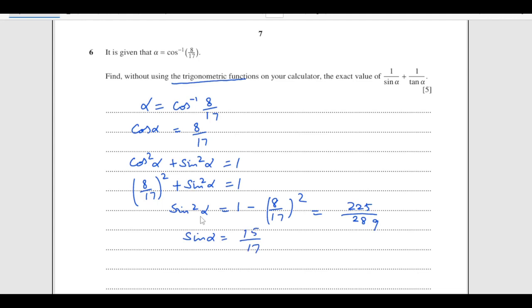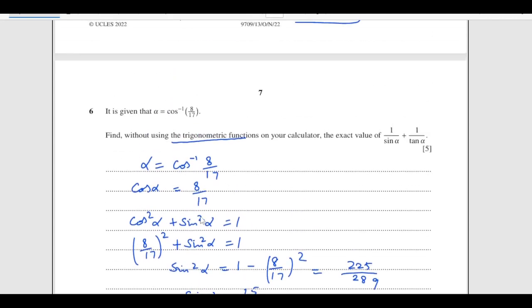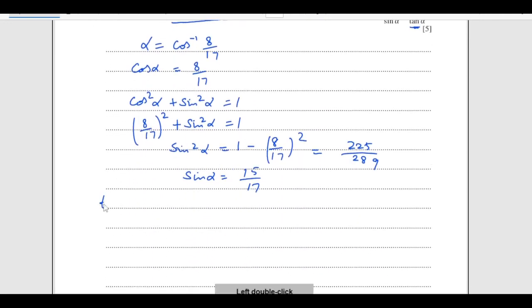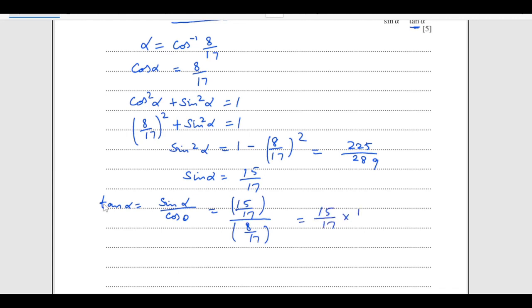But in this question we need tan alpha also, so we can calculate it, as we know tan theta is equal to sine theta over cos theta. Sine alpha is 15 over 17 over cos alpha, 8 over 17. So this is 15 over 17 times 17 over 8, which comes out to be 15 over 8, right?